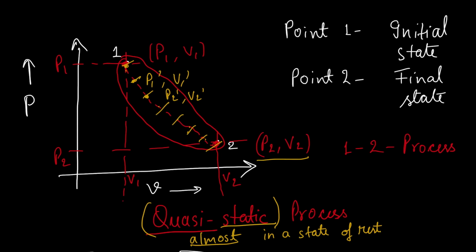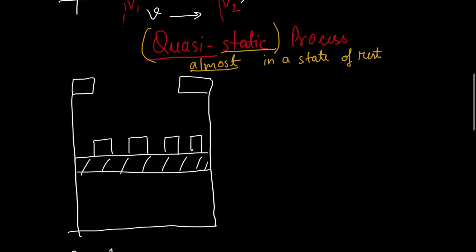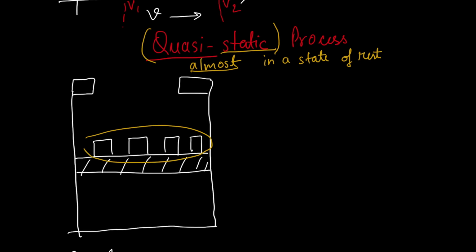Not every process is a quasi-static process. We are just assuming that each and every step or path we are taking has achieved thermodynamic equilibrium. So how do we do that? When I divide the weight, W is now divided into W1, W2, W3, W4, up till infinite.